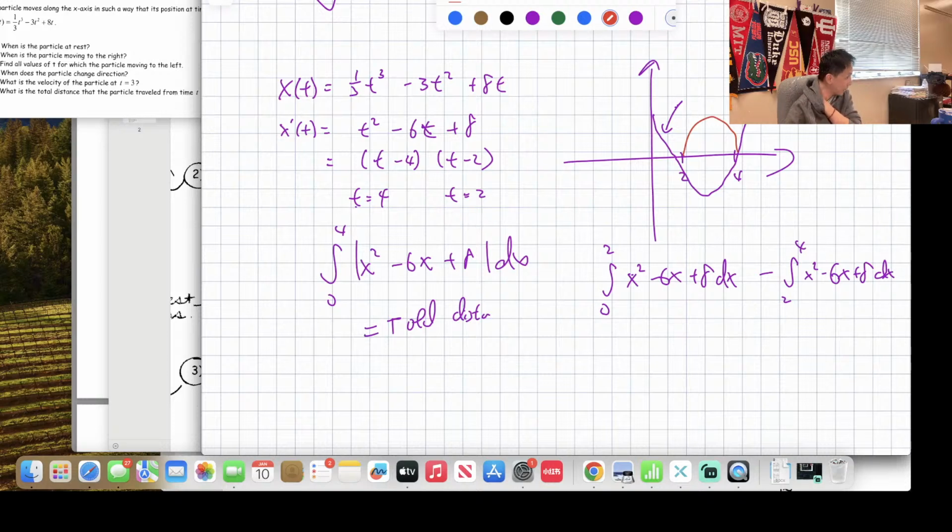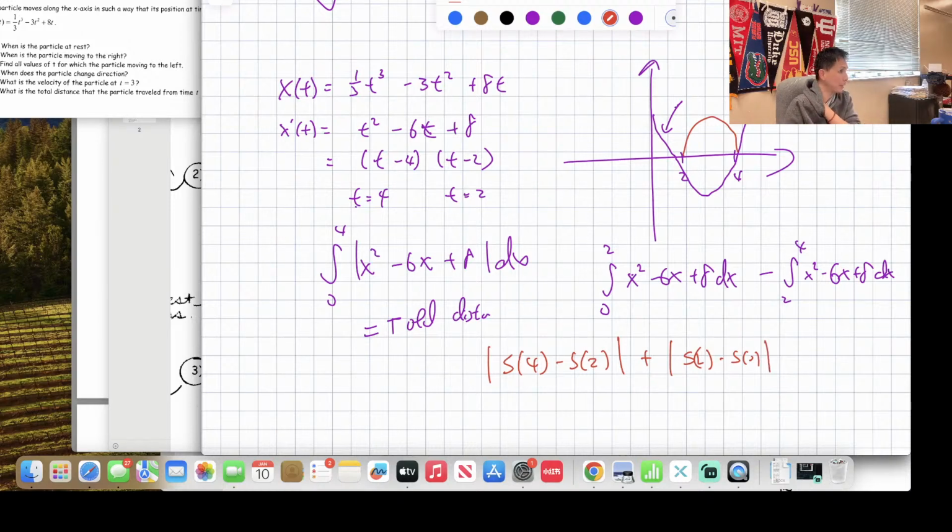There's another way to do it though, and it should come out to the same answer. This way is to go to the position function and look at the difference between positions. So it'll be s of 4 minus s of 2 in absolute value, plus s of 2 minus s of 0 in absolute value.